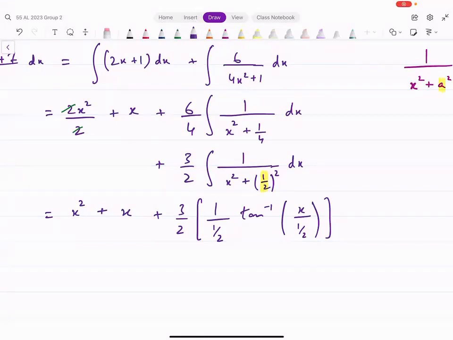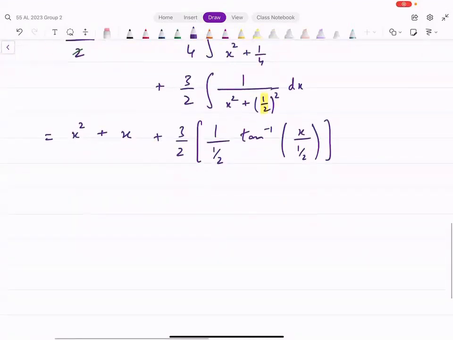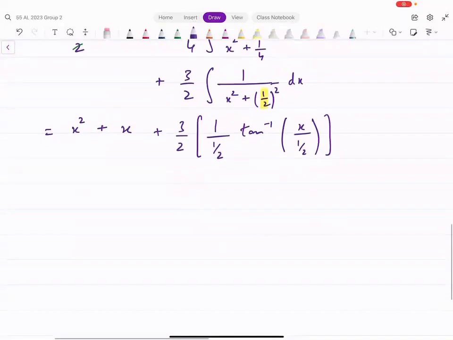Now we have to input the limits, but before that it's better to simplify this। आपकी working थोड़ी सी आसान हो जाएगी, आपकी calculation आसान हो जाएगी। Let's simplify। Outside we still have x square plus x। Now you've got this 2 in the denominator and this 1 over 2 in the denominator.